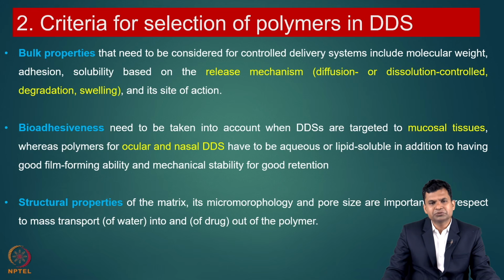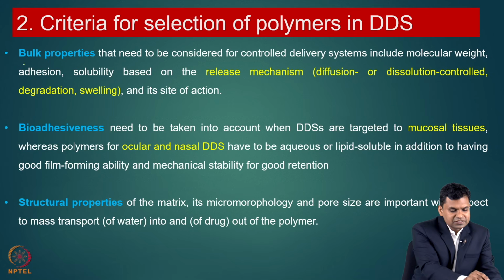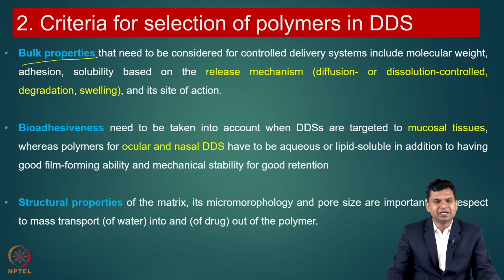Here we are going to see some of the properties which are very important while selecting polymers. The first one is the bulk properties, which are very important when you want to use a polymer as a carrier for drug delivery systems.